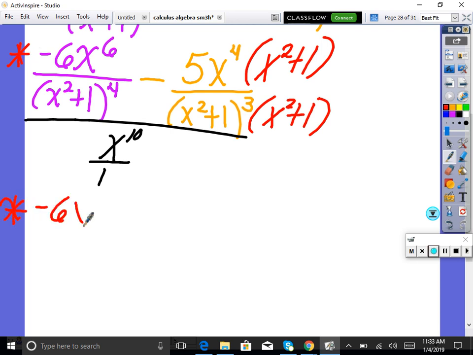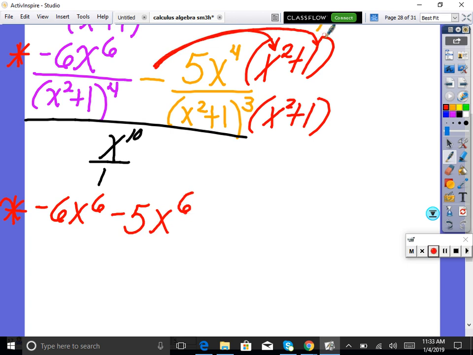So I have a negative 6x to the 6, right? Distributing. So that's minus 5x to the 6. Negative 5x to the 4th times 1. So minus 5x to the 4th. Let's keep combining like terms in the top. Don't just look at them and say negative 1. I have so many people do that. Think.